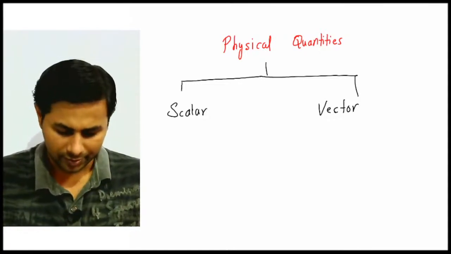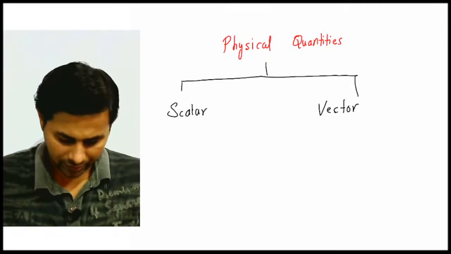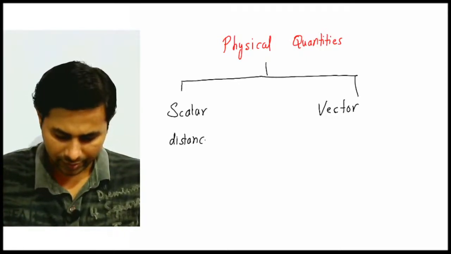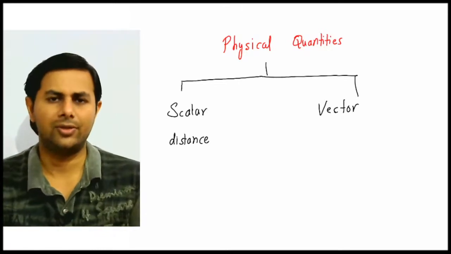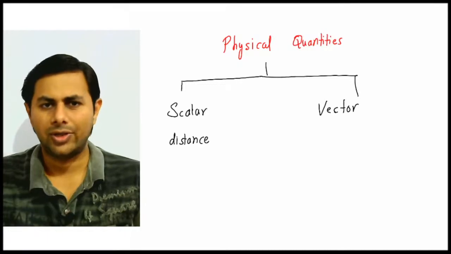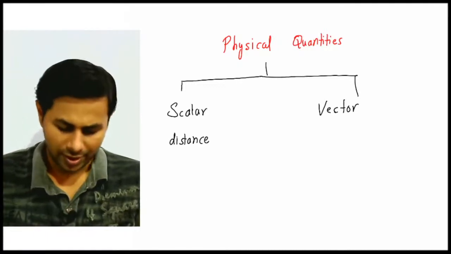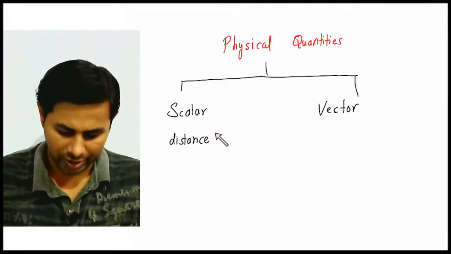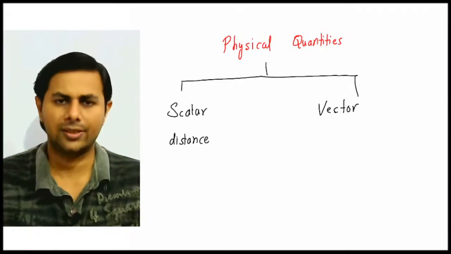For an example, if we consider the distance covered by an object when it goes from some point A to some point B, then we need not specify the direction. So to tell about the distance, we need not specify direction. So distance covered is a scalar quantity.